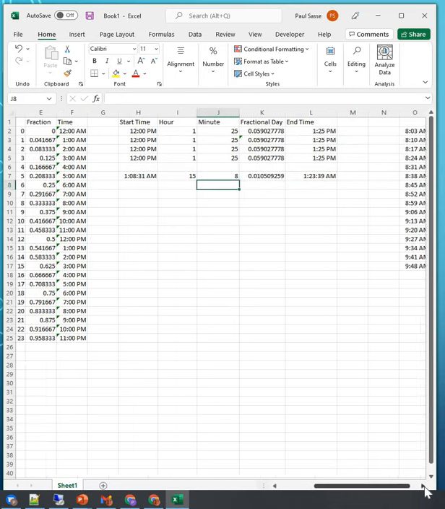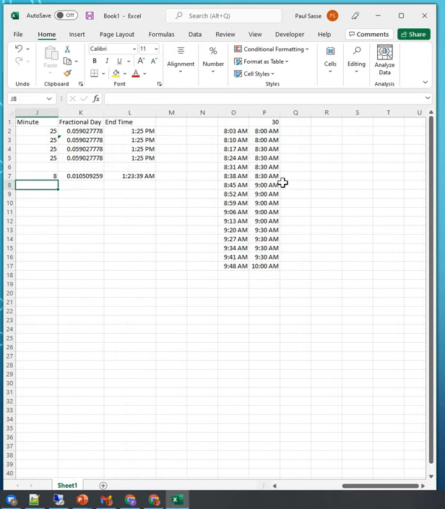Okay, now let me explain a little bit what I did here. I'm going to break this down a little bit. So what I did was, first I converted this into minutes, decimal minutes instead of a time. So I'm going to take this times 1440. Okay, so what that's saying is 8:03 is the same as saying 483 minutes since midnight. That's the number of decimal minutes.